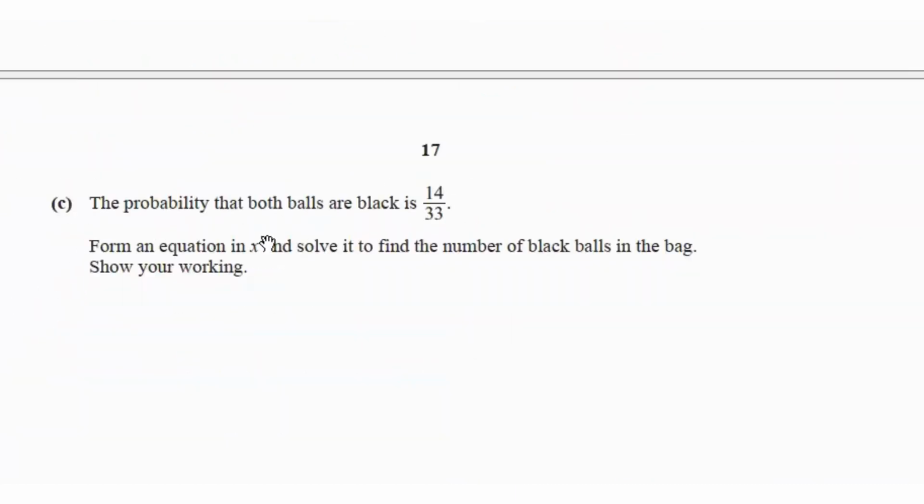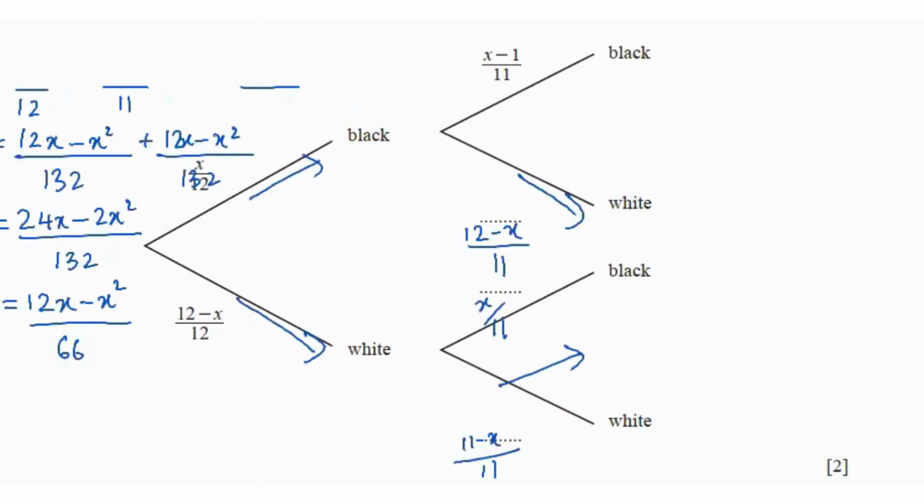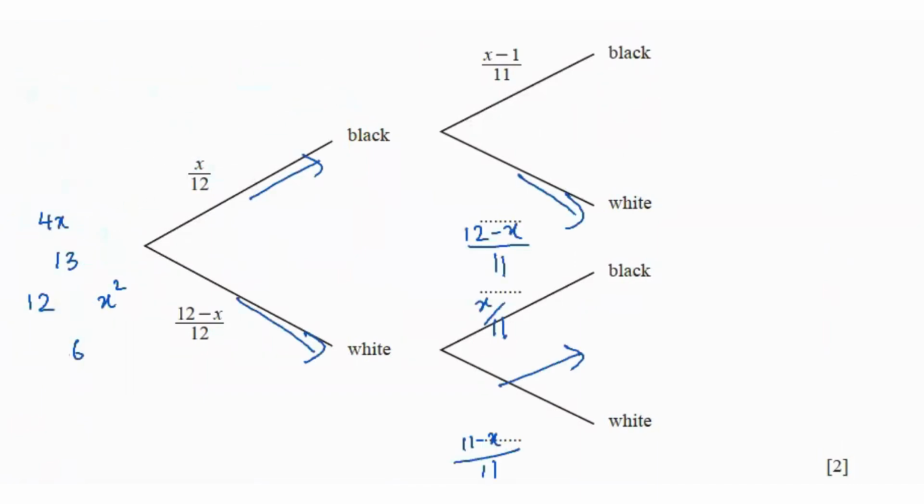Then it says the probability that both balls are black is 14 over 33. Form an equation in x and solve it to find the number of black balls in the bag. Show your working. So if we go back to the tree diagram, just going to erase all of this.